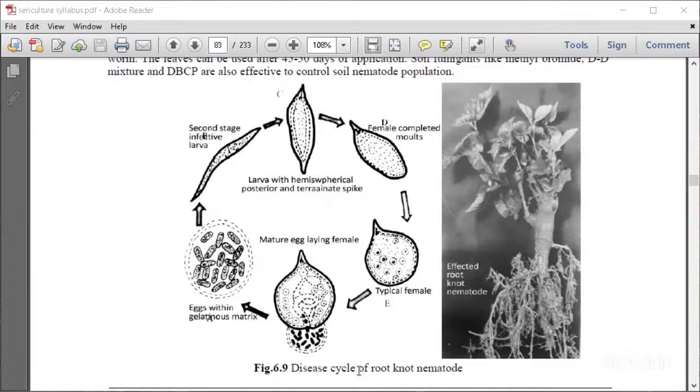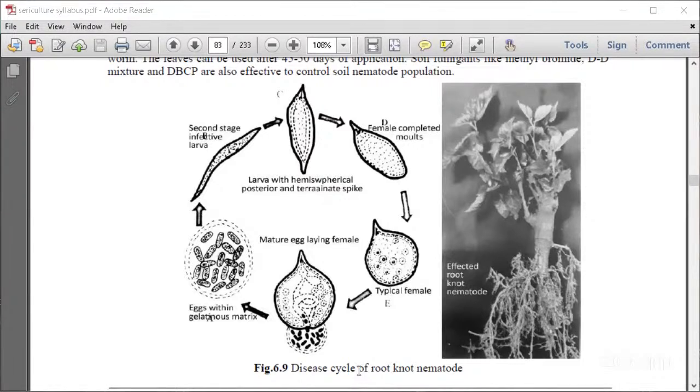What are the symptoms? As you are seeing in the picture, the disease is more prevalent in the summer following the rain. The degree of infestation is up to 80 percent in various states.